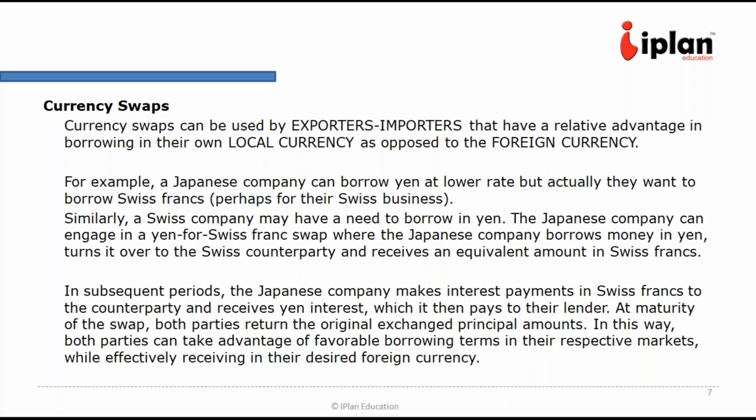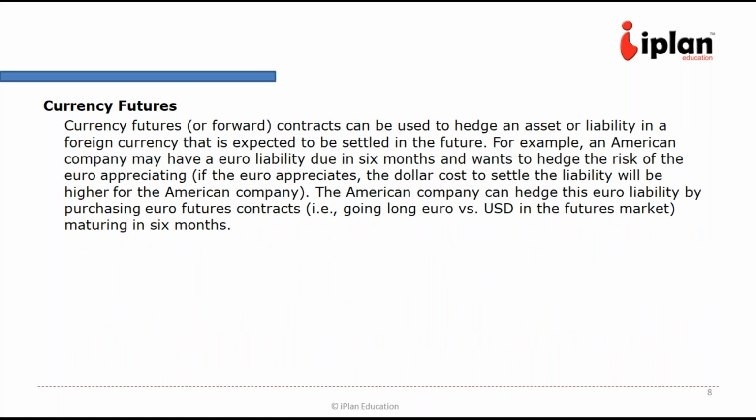So just understand one thing, that currency swaps can be done, and borrowers of foreign currencies can save some interest cost by going into currency swaps. Likewise, you have currency futures also. Futures are traded on the exchange, and we have currency forwards also, but forwards are normally issued by banks.